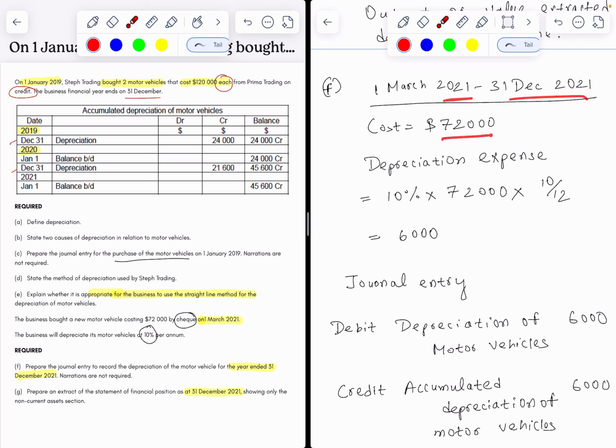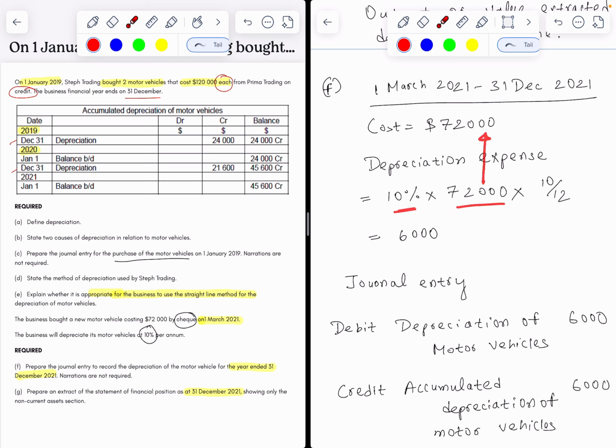The cost is $72,000, and the question does not mention anything regarding applying a full depreciation in the year of purchase, as you may be used to seeing in many questions that you have practiced before. So in this case, we are confident that we are not doing a full depreciation. Rather, we will adjust the depreciation based on the number of months the asset was used in the year 2021. So depreciation expense can be calculated simply by taking the given rate of 10% and multiplying it with the original cost of $72,000.